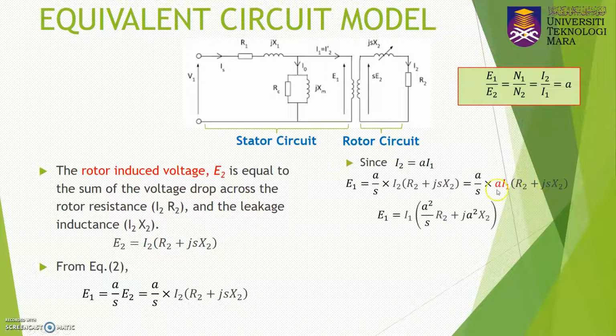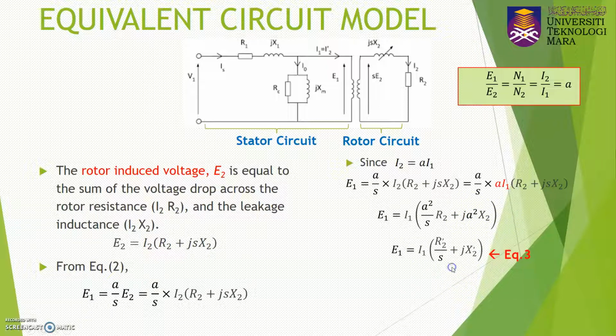We can rearrange the equation so that E1 will be equal to I1 multiplied by A squared divided by S R2 plus A divided by S multiplied by A multiplied by SX2. The S and S will cancel out, so you have J A squared X2.